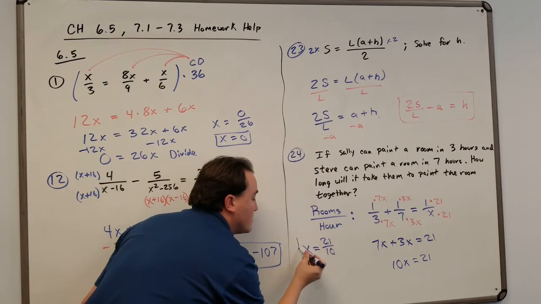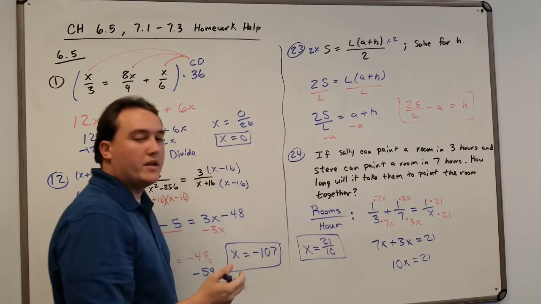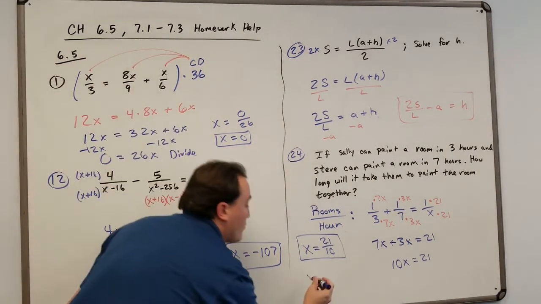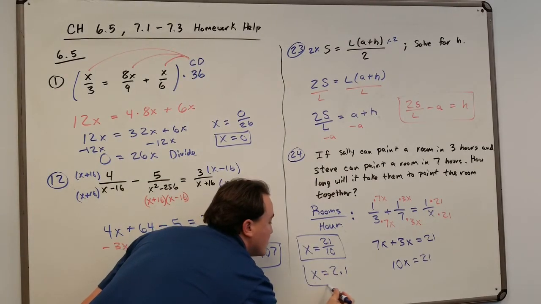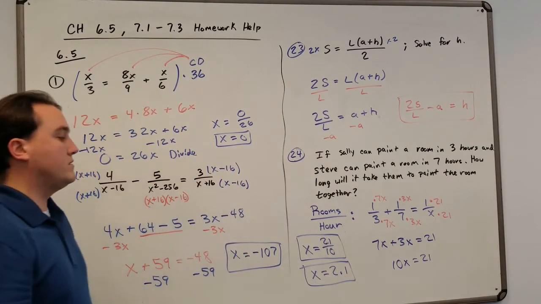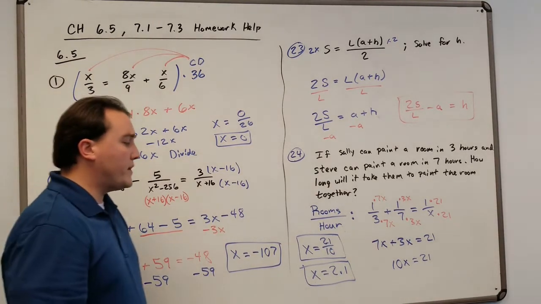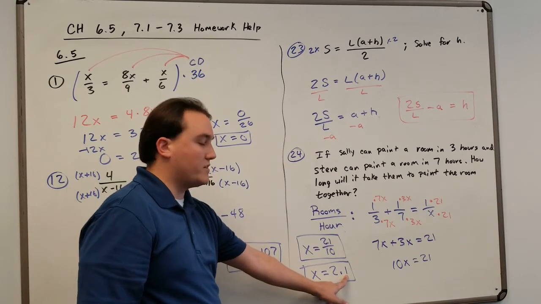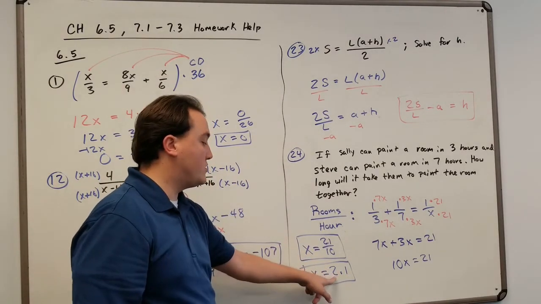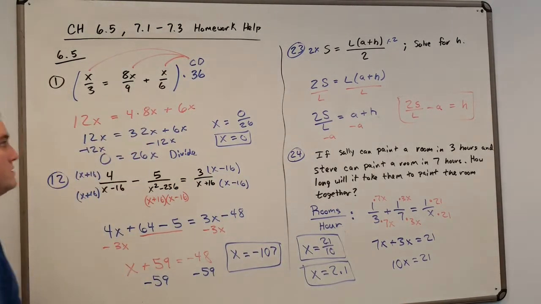That's a possible answer. It depends on if they want it in minutes or hours. Maybe they want a decimal form. If so, it's 2.1. So it just depends on what they want. If they want minutes, times that decimal by 60. So 0.1 is equal to 6 minutes. So that's 2 hours and 6 minutes.